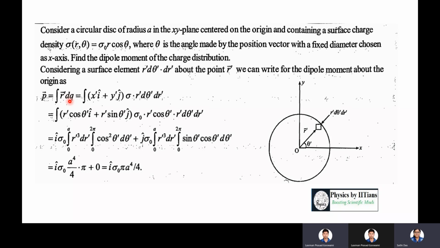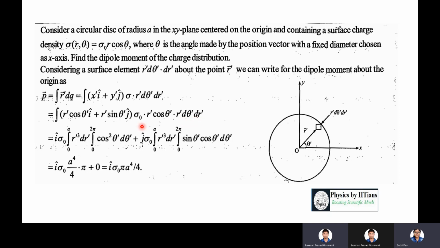That's why earlier we got q into r, here we will take integration of r into dq. That's all. So now r prime, because we have taken this smaller elementary charge, so integration of r prime into dq. Now r prime is x prime i cap plus y prime j cap, assuming the coordinates are x prime and y prime at this elementary point. And sigma is sigma naught into r prime cos theta prime, into r prime d theta prime into dr prime.